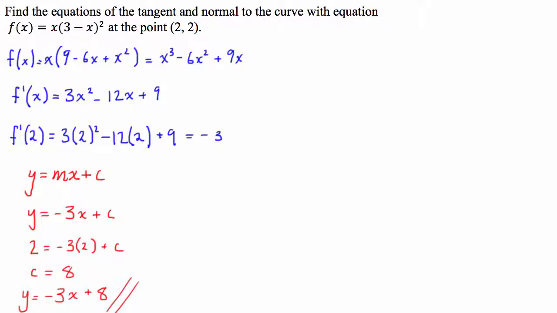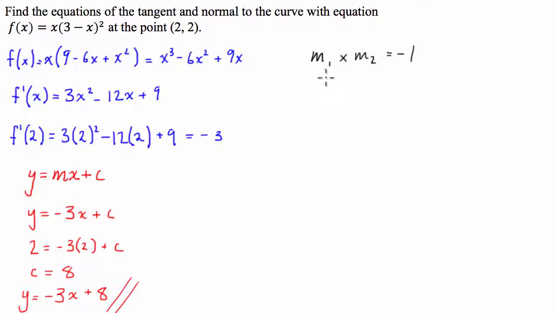Now we have to find the equation of our normal. Like I just explained before, the normal has a gradient that makes it perpendicular to the tangent line. So hopefully remembering back in your maths, you'll know that if we have two lines that are perpendicular to each other, the product of their gradients equals -1.